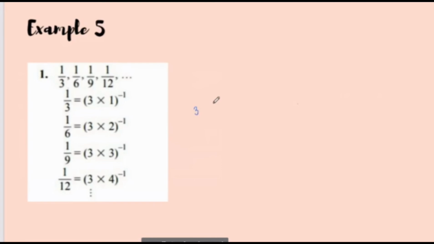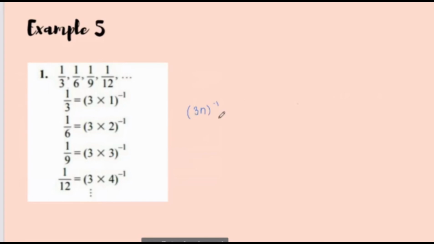They all are the same. And what is the difference? The numbers 1, 2, 3, and 4. So you can just put the numbers 1, 2, 3, and 4 as n. So 3n to the power of negative 1.